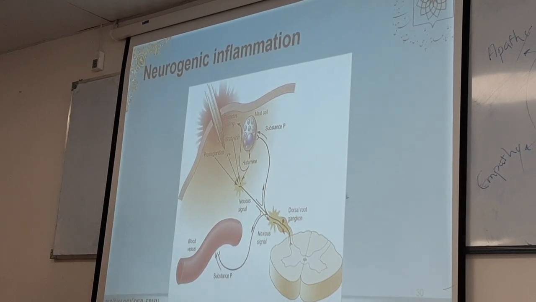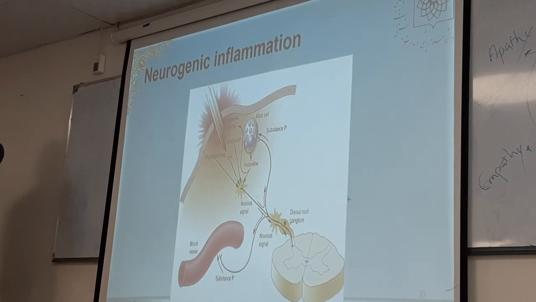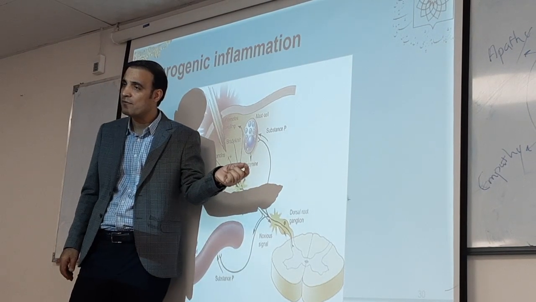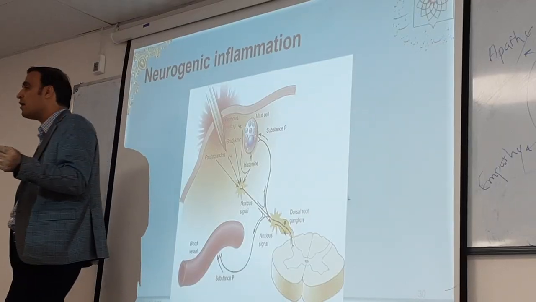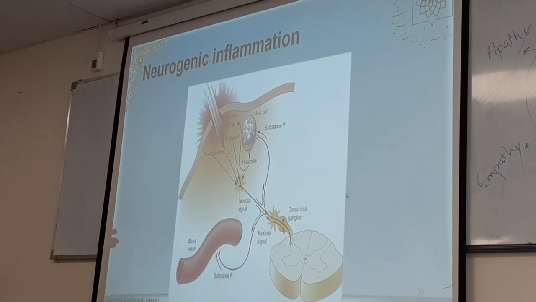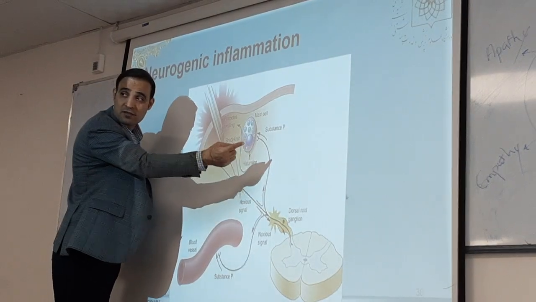Therefore, severity of the pain is detected according to two factors. One, action potential of each nerve fiber. Second, this is named as temporal summation. And another is the number of fibers that are activated.